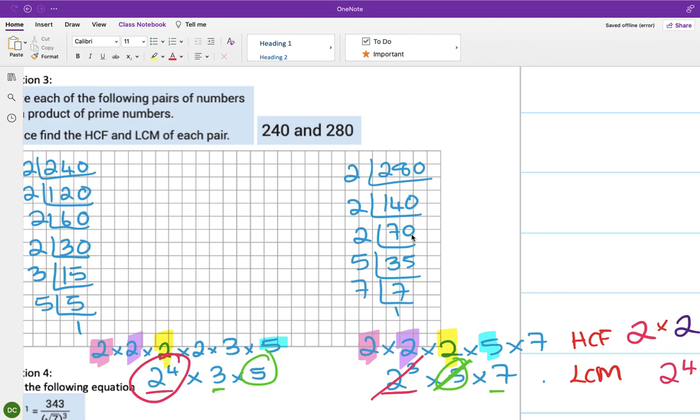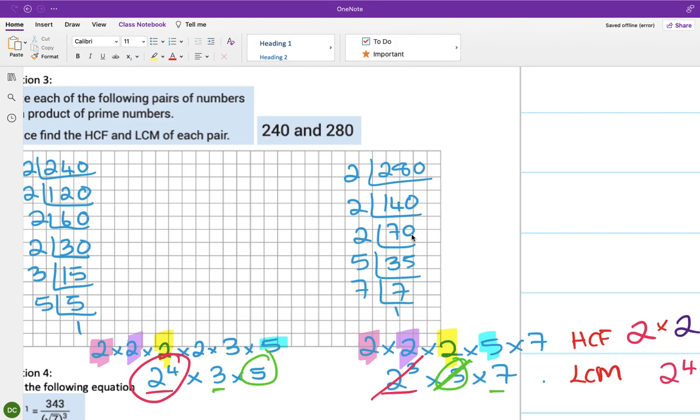So 2 to the power of 4 times 5 times 3 times 7 is 1680. Question 3 is worth 20 marks, so 10 each.